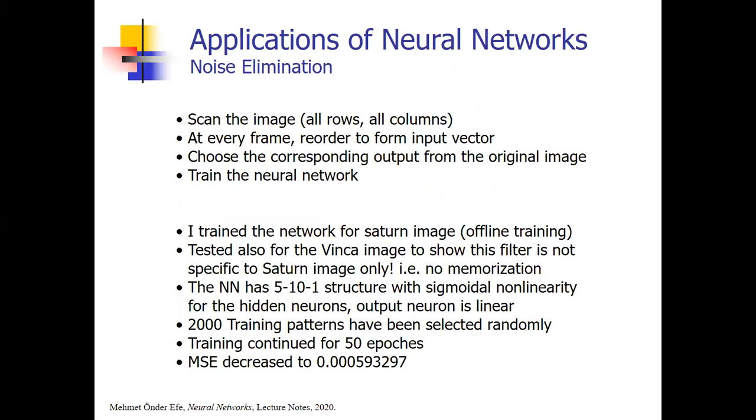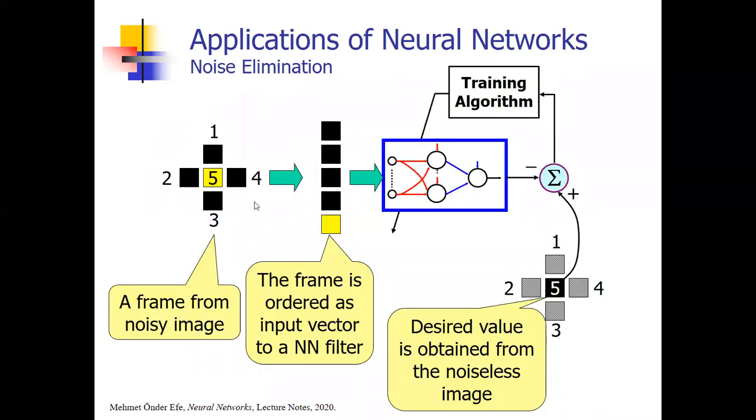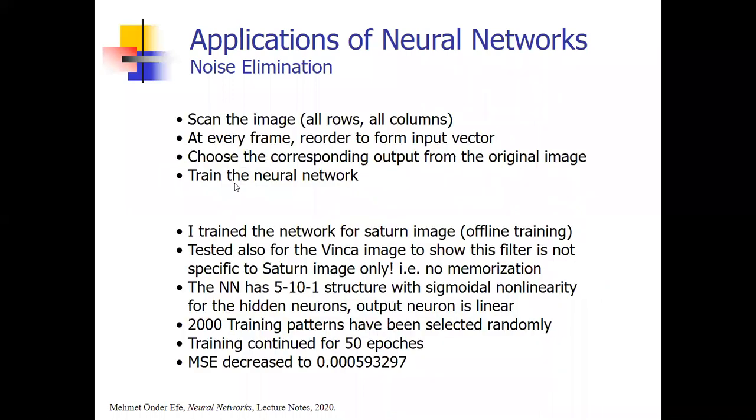I will scan the image, all rows and all columns, for each pixel. At every frame, I will reorder the observations or the collected values. You see, for every frame, I will obtain these 5 values to form an input vector.